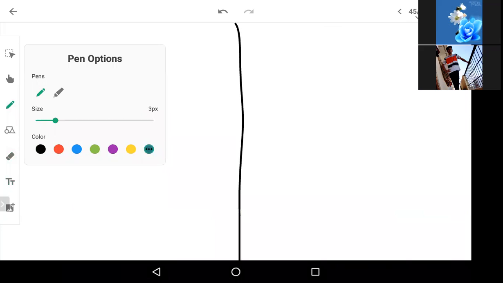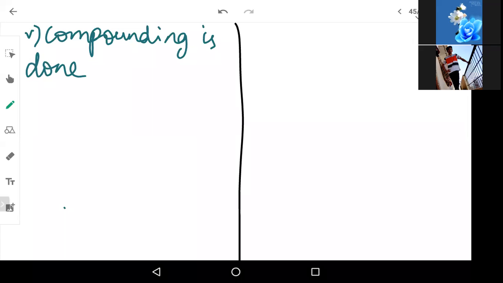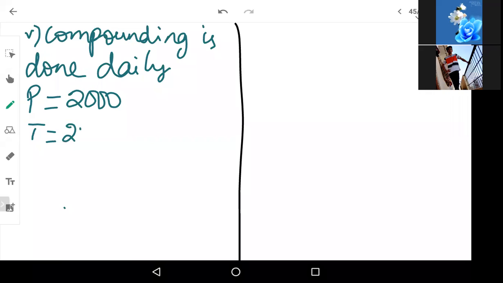So fifth one, compounding is done daily. Now let us write down the given information. Now principal will be 2000, and then we have the time, which is 2 years.